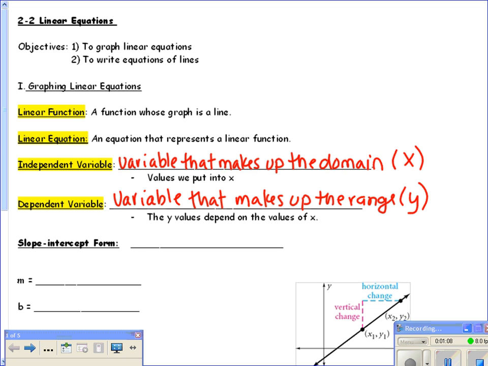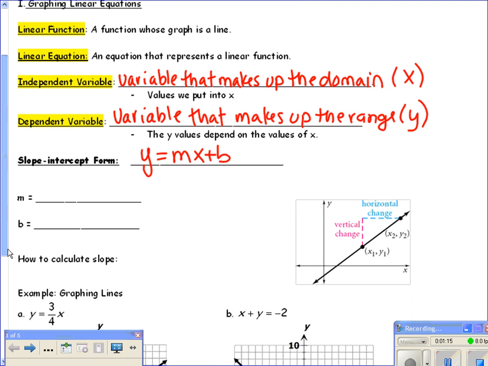Now, slope-intercept form, if you recall, y equals mx plus b. Your m stands for the slope, and your b is the y-intercept.